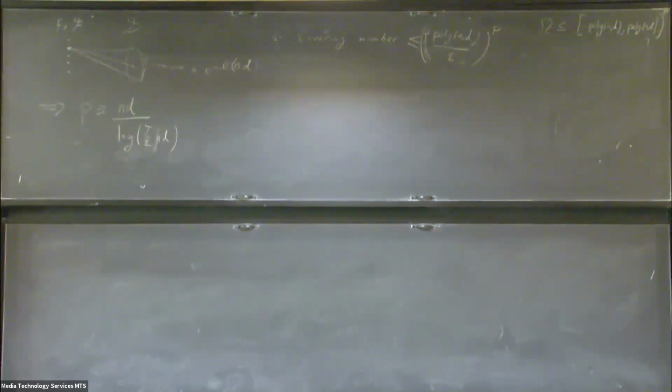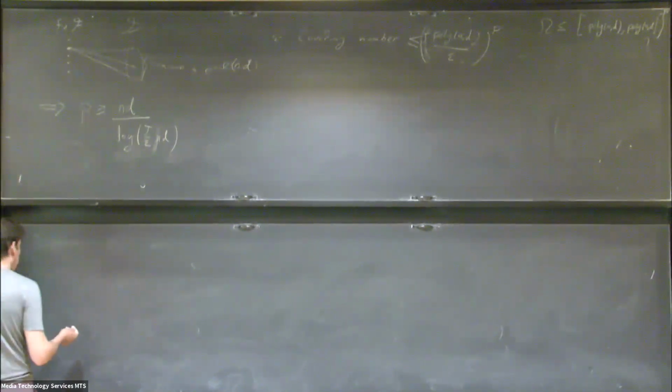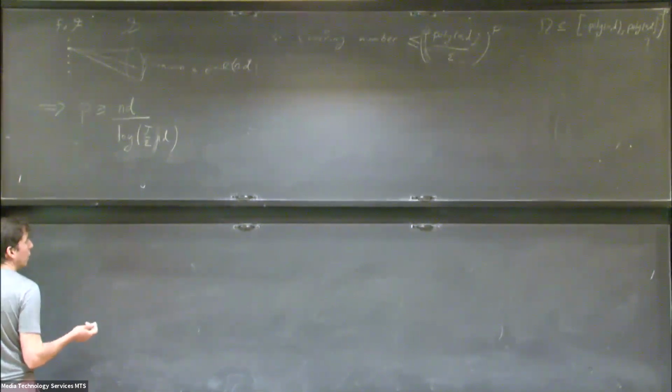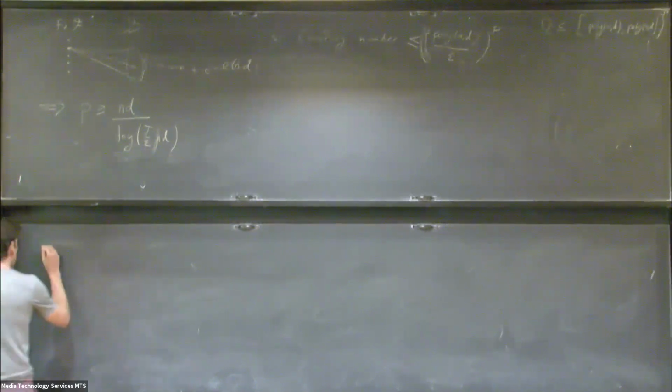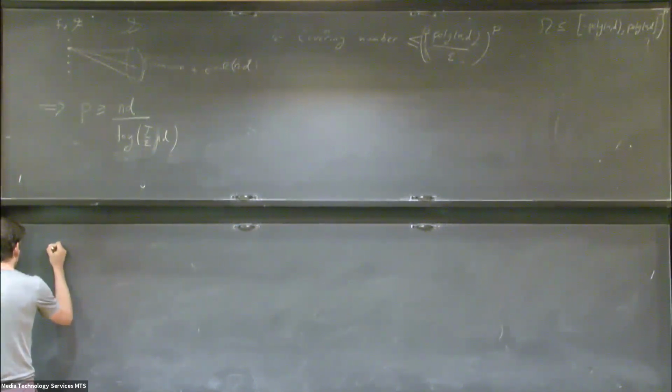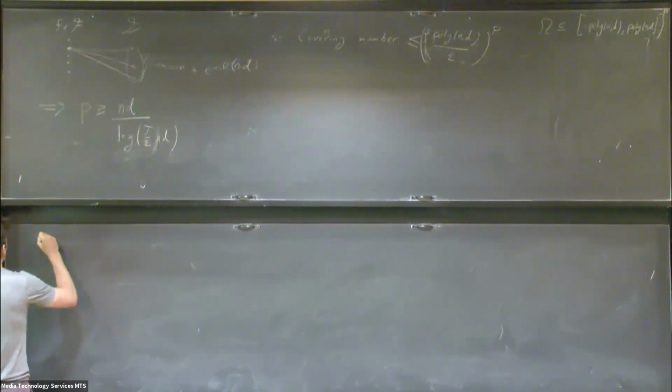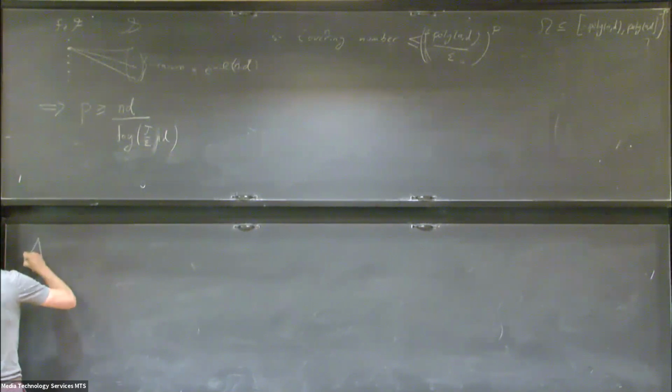Okay, now we want something more general. The yi's can still be correlated with f of xi. What we're going to do is the following. Let's define some events.